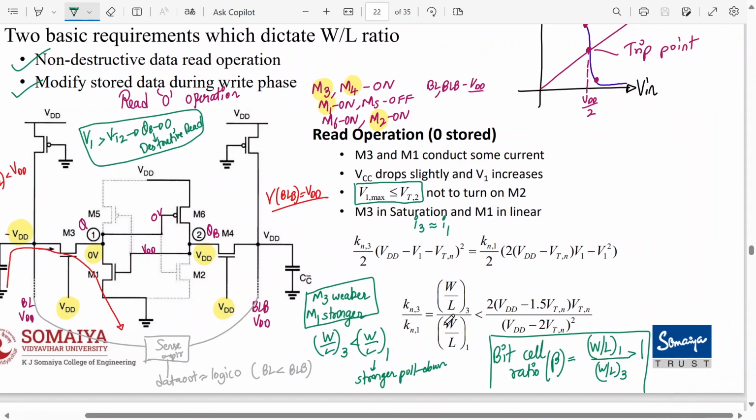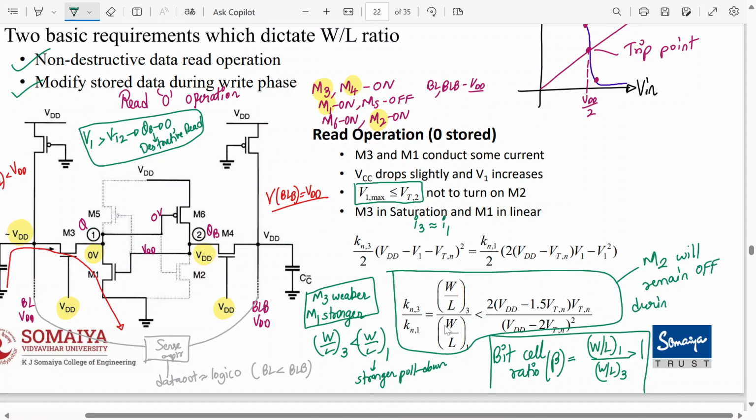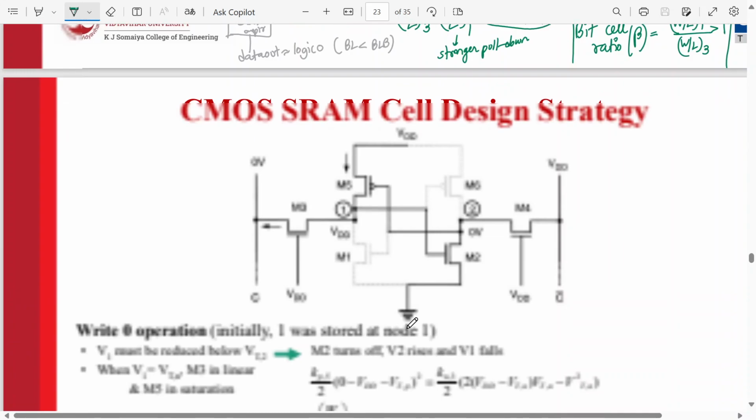So if this condition is followed, which is given over here, M2 will remain off during read 0 operation. So this condition should be followed. Got it? Now we go to the next one.